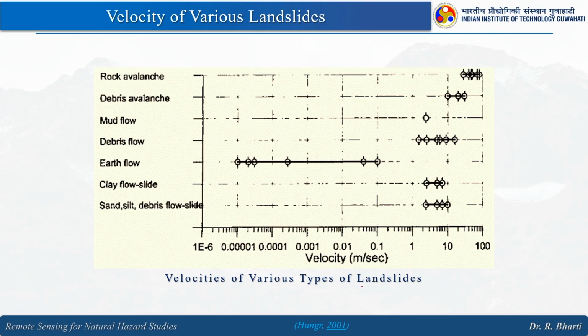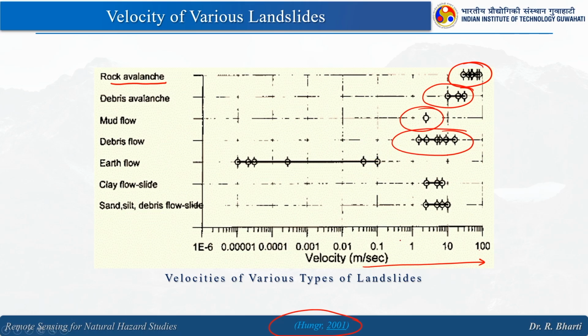This particular graph is nicely representing the different landslides and their velocity. Here you can see the rock avalanche, that is having the highest velocity, right, it is here. When we talk about the debris avalanche, it is here, mud flow, it is here, debris flow, that is again on the higher side.